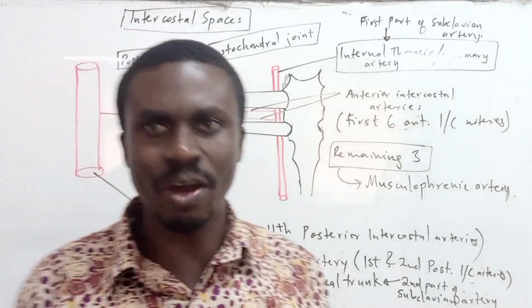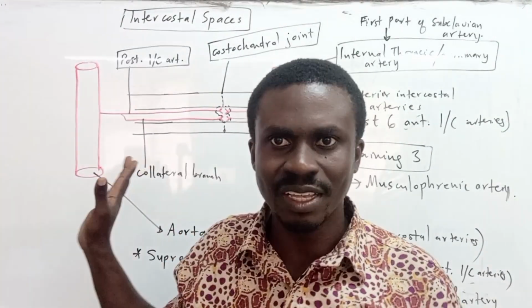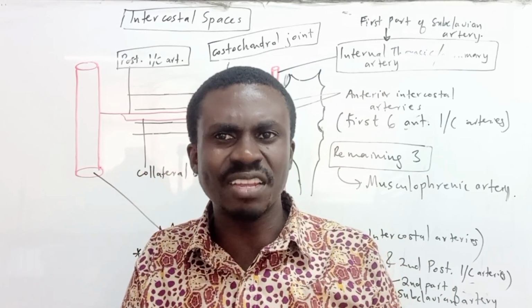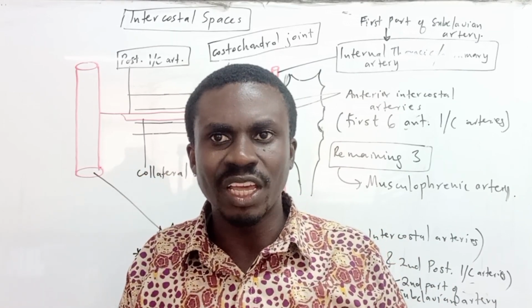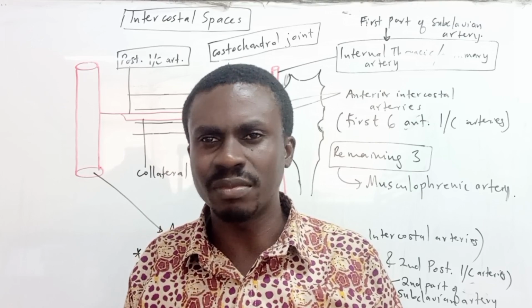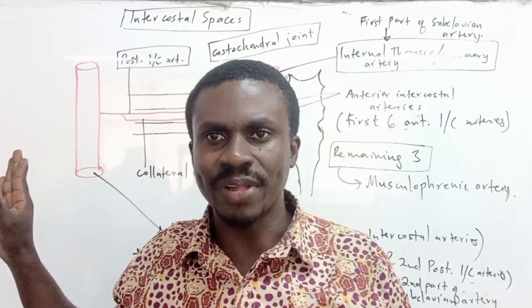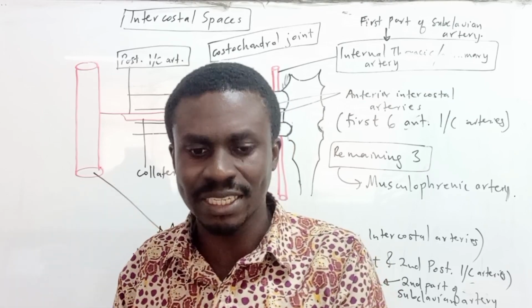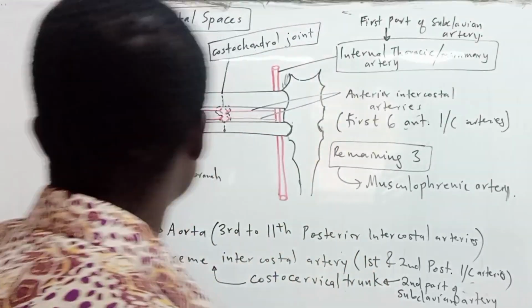That is one thing I want you to know for now. And so finally, for us to also understand these things better, it will be useful if we treat this artery briefly by way of the internal thoracic artery. Look at the branches. I want you to know that one also.